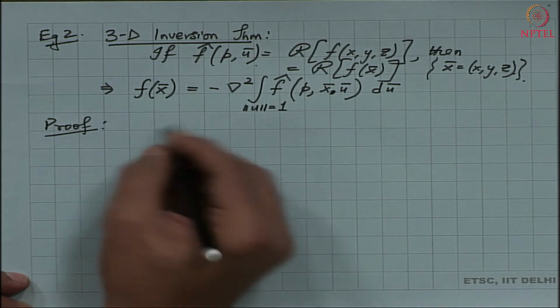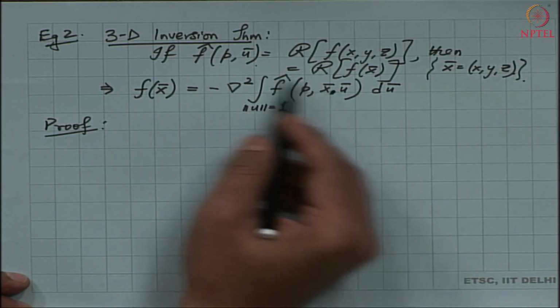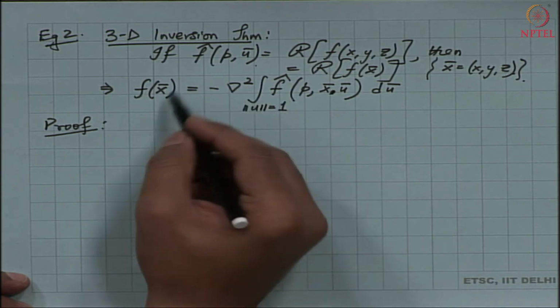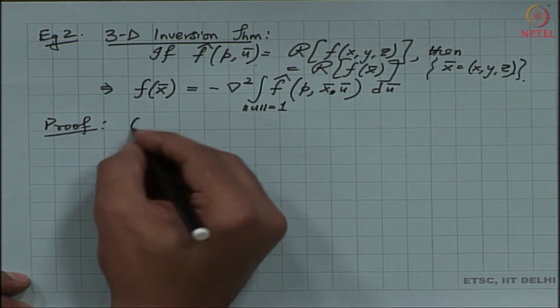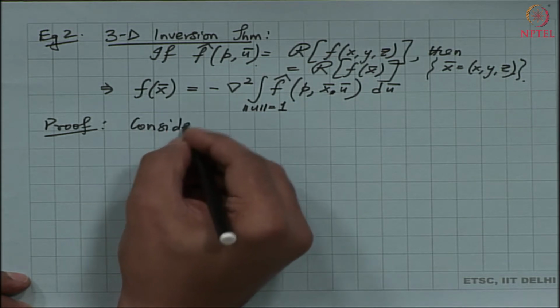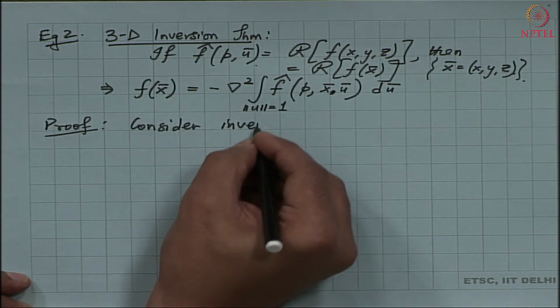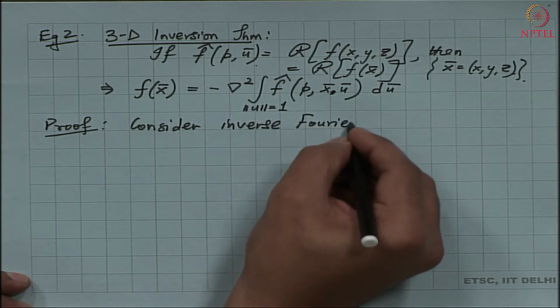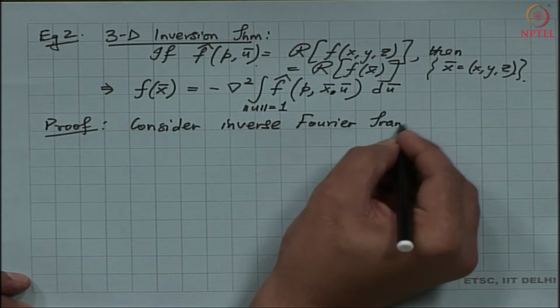Now, the standard way to show the inversion of the Radon transform is via the Fourier transform. So, what we do is we consider the inverse Fourier transform.